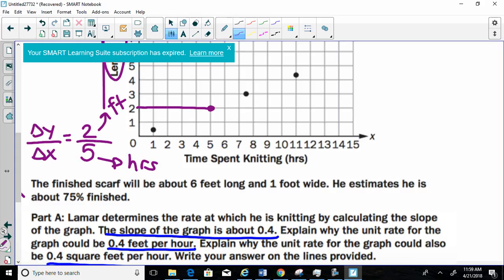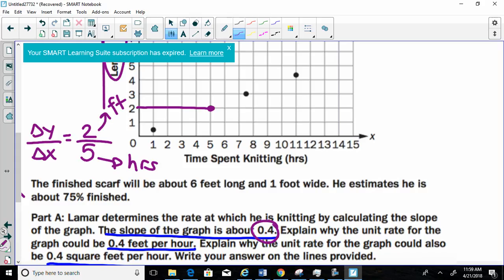What's 2 divided by 5? 0.4. So you can explain that the length is 0.4 because he knits 2 feet every 5 hours, and when I divide them, I get 0.4.